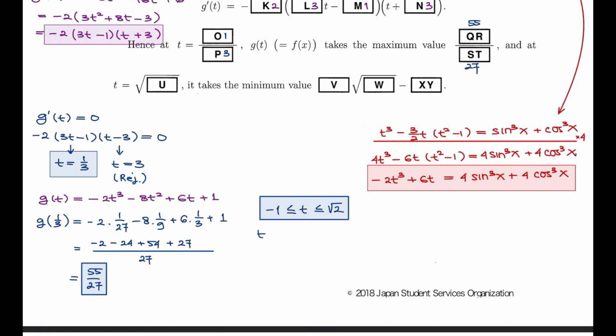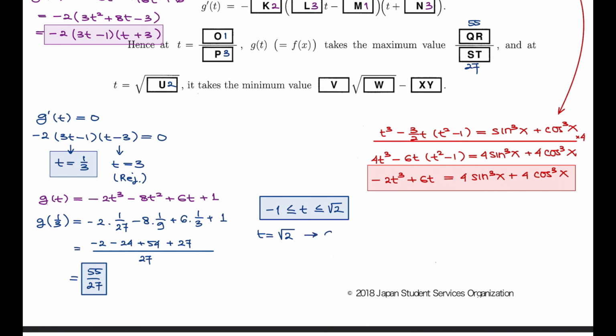I'm pretty sure t equals to square root of 2 will lead us to the minimum value. You guys can check. When you substitute t equals to negative 1, what is the value we obtain? And I think the value will be greater than the value that we obtain after we substitute square root of 2.